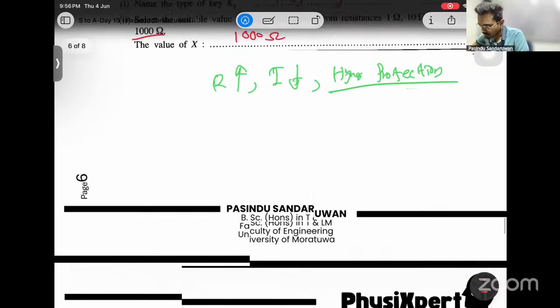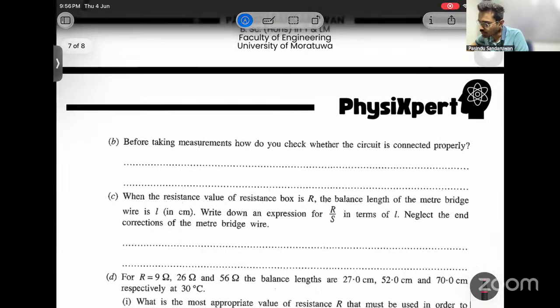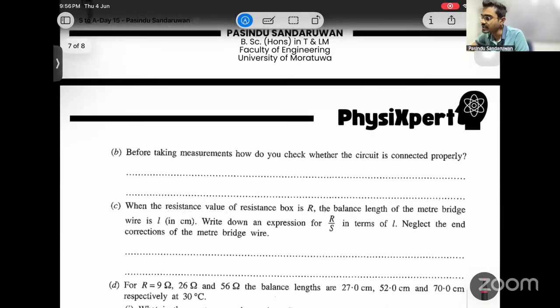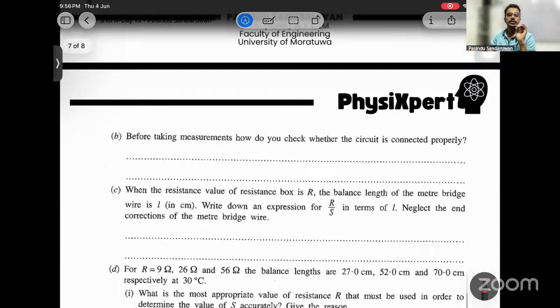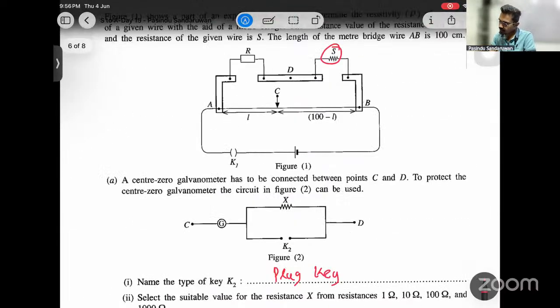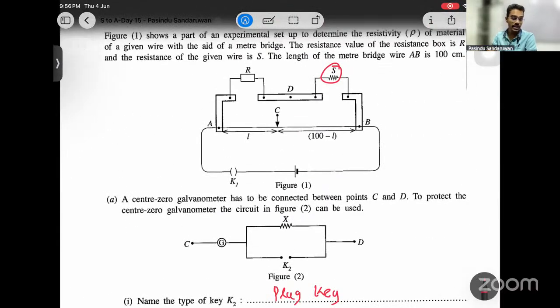Next. Before taking measurements, how do you check whether the circuit is connected properly? We do the same thing in potentiometer and meter bridge both. First of all, you have to keep the slider key at A and B, which are labeled because they are standard labels. A means the positive terminal of the meter bridge wire, B is the negative terminal.